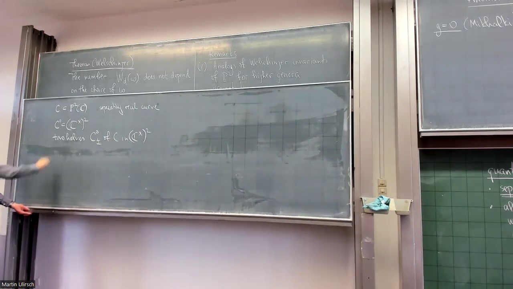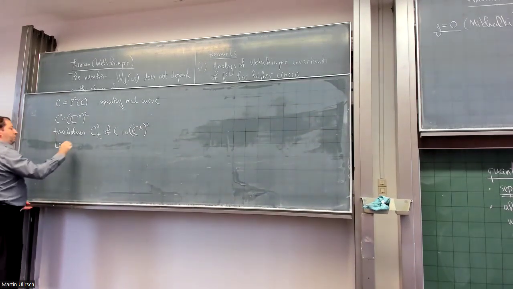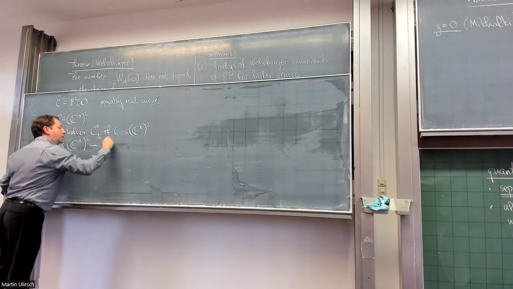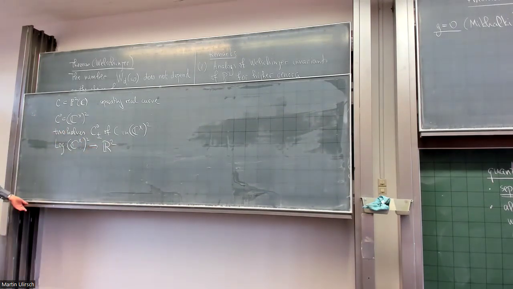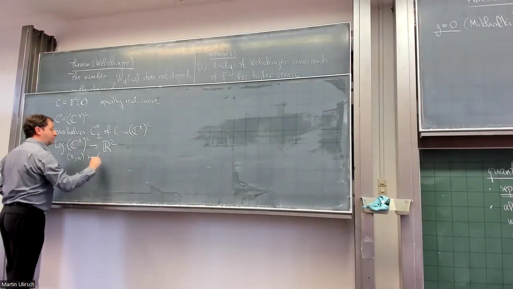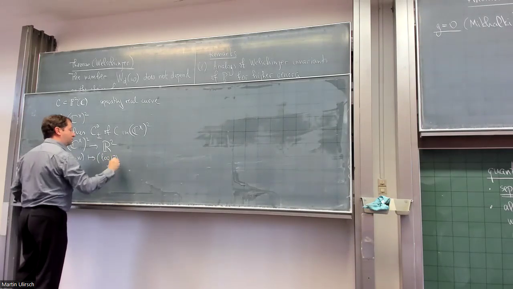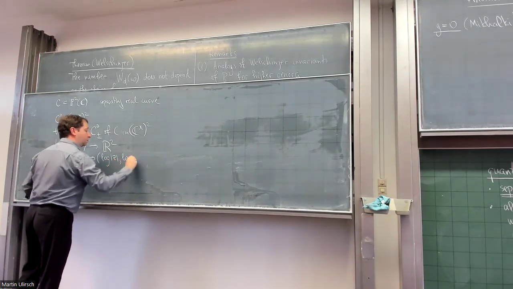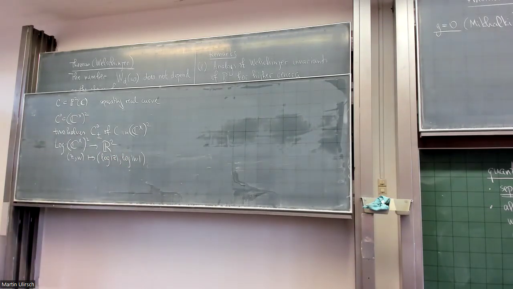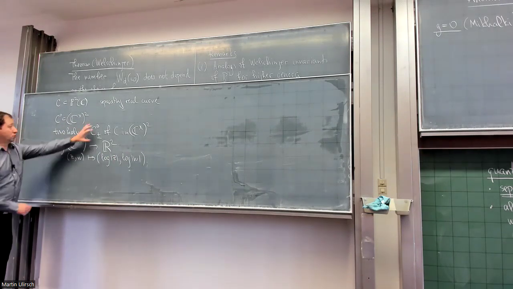Now I can look at the standard logarithmic map that gives you amoebas. You can choose one of these halves.